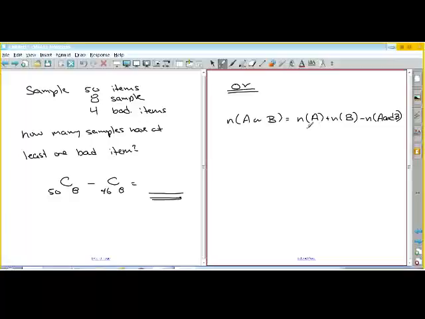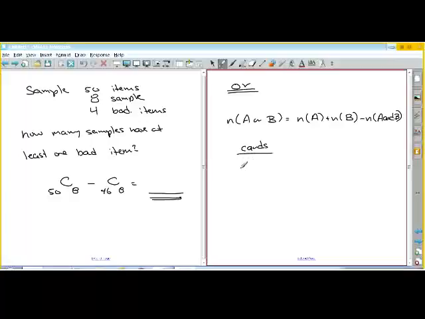So you want to be able to use this formula. The big example we use with cards, where you've got suits and you've got values and you've got face cards. If you pick so many cards out of a deck, out of those 52 cards, how many satisfy these OR requirements?